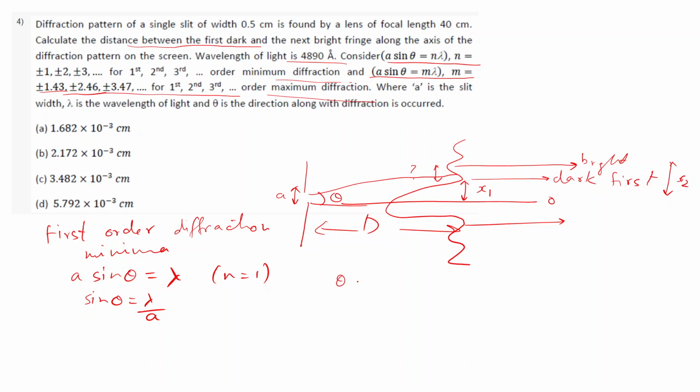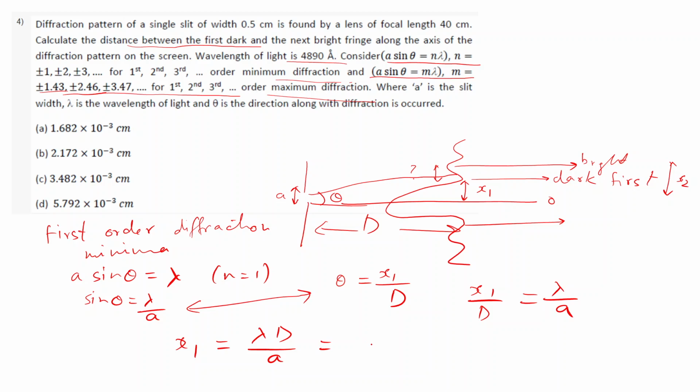So theta is also equal to x1 by d. Using this and this, we get x1 by d = lambda by a. From this, x1 will be lambda d by a.